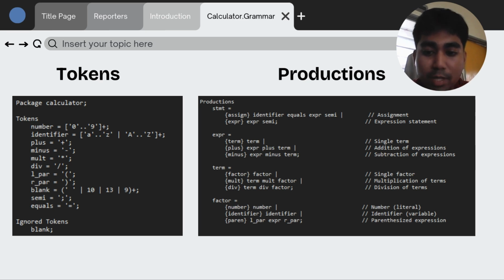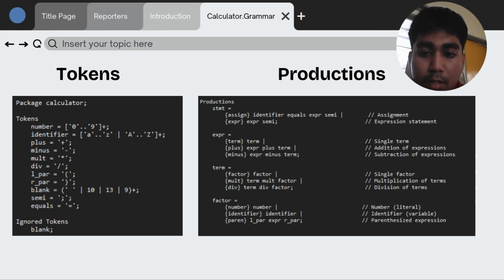Expressions represent calculations such as addition or subtraction, for example 5 plus 3 or x minus 2. Terms and factors handle multiplication, division, and grouping with parentheses, ensuring the correct order of operations.